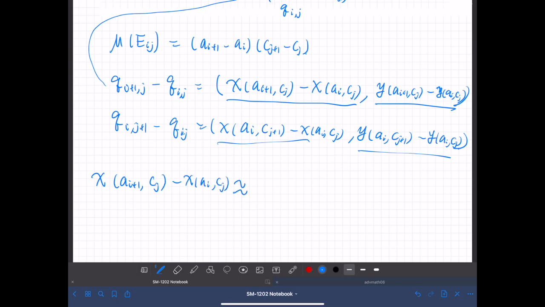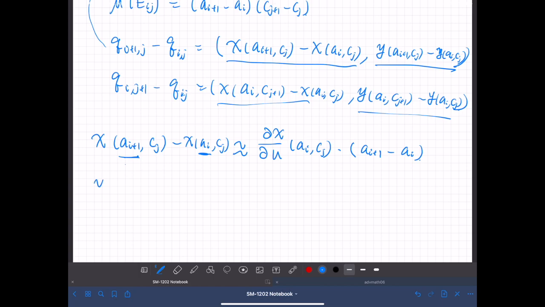So this can be approximated as dx/du, differentiate with respect to u and evaluate it at ai and cj, times the difference here, ai plus 1 minus ai.